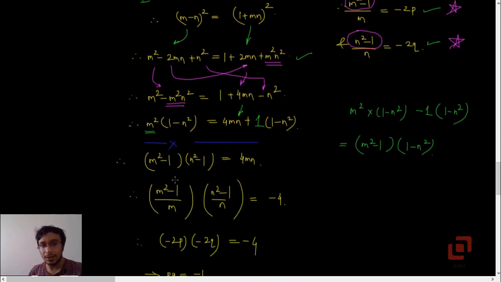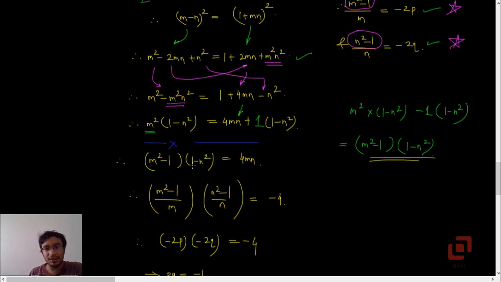Yes. Now pay attention. Having shifted 1 minus n squared to the left hand side and taking it common, we have got m squared minus 1 into 1 minus n squared, right, equal to 4mn.